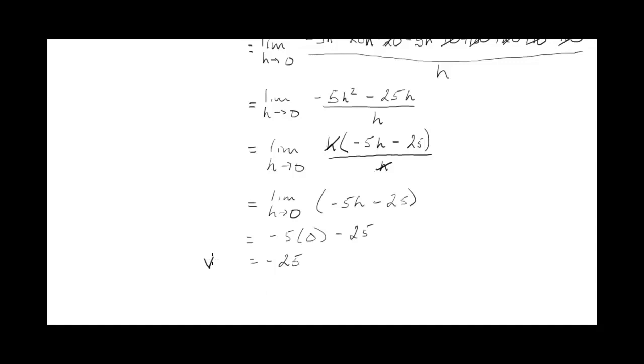The velocity at 2 seconds. So therefore, the velocity at t equals 2 is minus 25 meters per second.